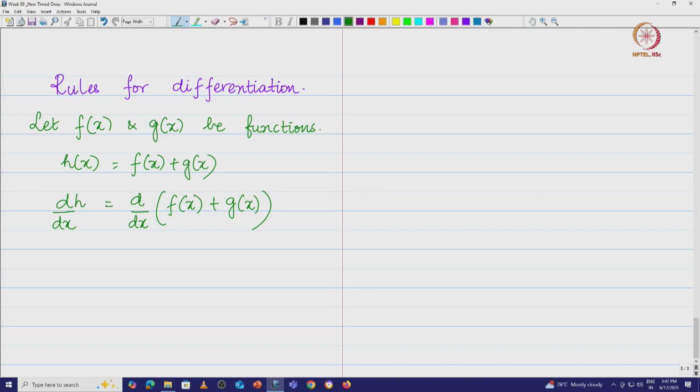You can write this as f of x plus h plus g of x plus h minus f of x minus g of x. So it will separate out very nicely and you will get d by dx of f of x plus d by dx of g of x, which is nothing but the derivative of f with respect to x plus the derivative of g.